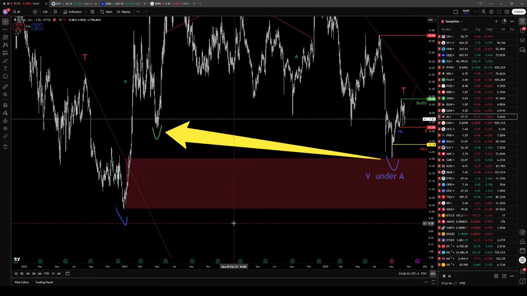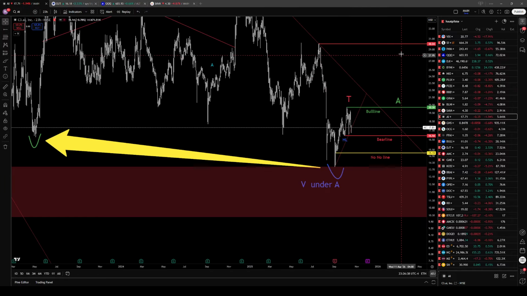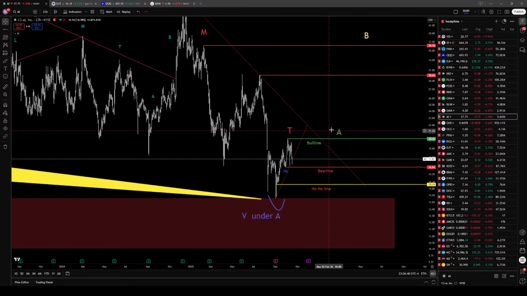So for bearish, don't break 1691. For bullish, go over 20.